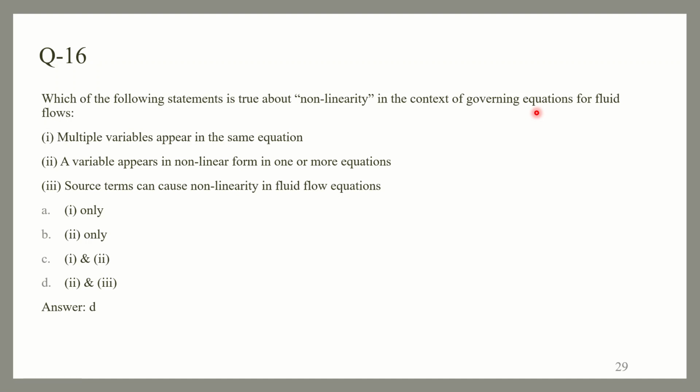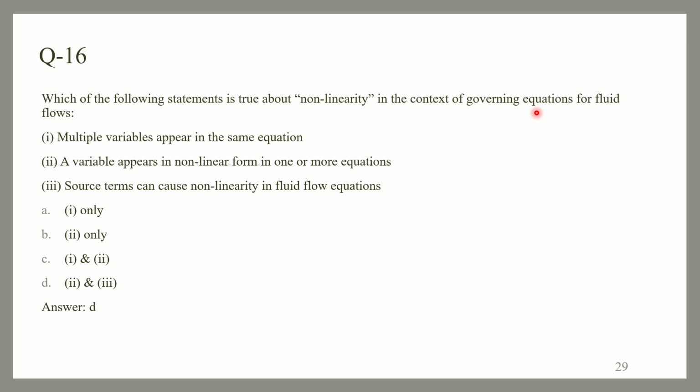So a variable appears in nonlinear form in one or more equations. Here the velocity is appearing in nonlinear form in the two equations, so there is a nonlinearity. And source terms can cause nonlinearity in the fluid flow equations. Again, this is true. So the answer is option D.